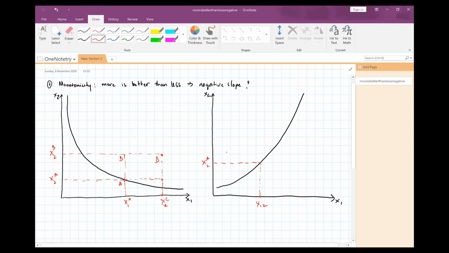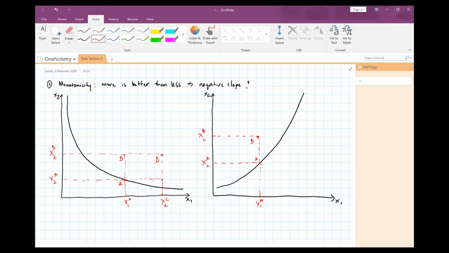So there's a point A, right? Now, if you keep x1 at the same level, but you increase x2 only, let's say to this level, x2b, now point B is actually on the left-hand side of the curve. Anything on the left-hand side is worse. So we will be worse off at B than at A, right?